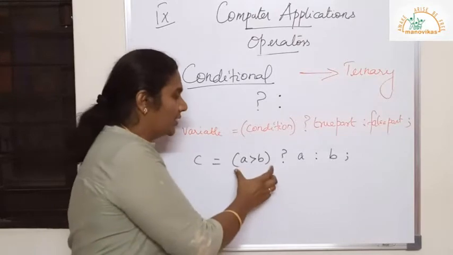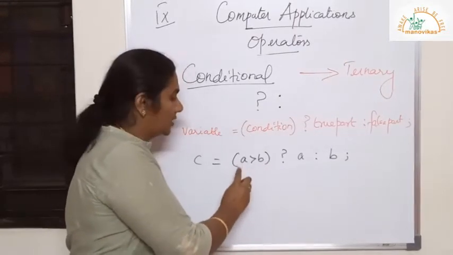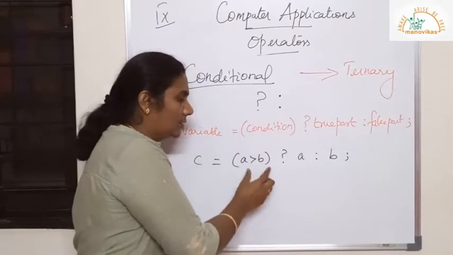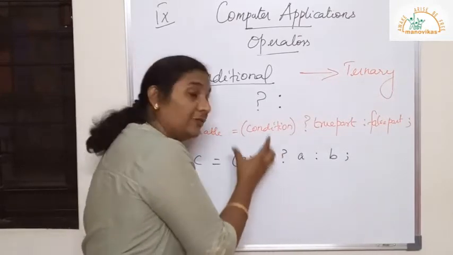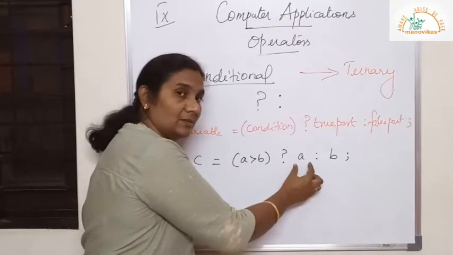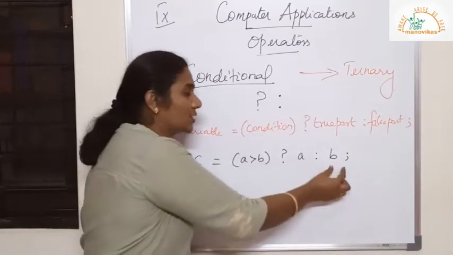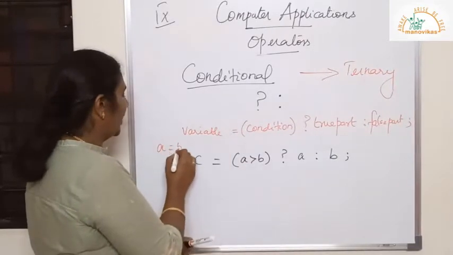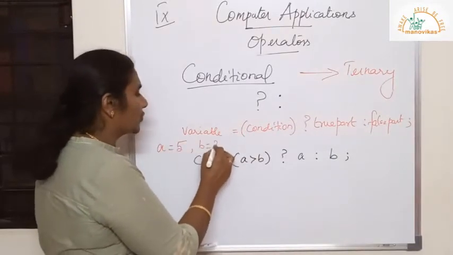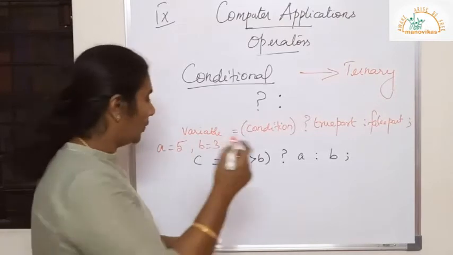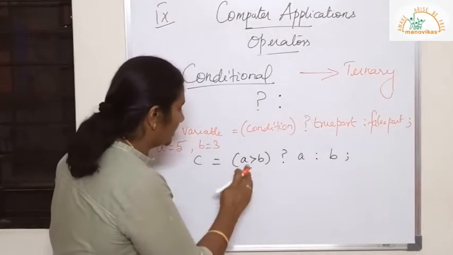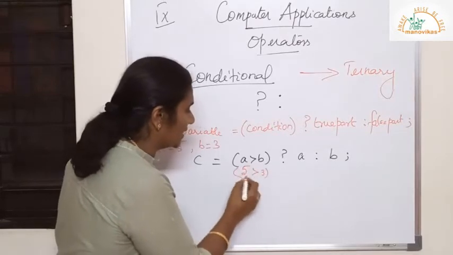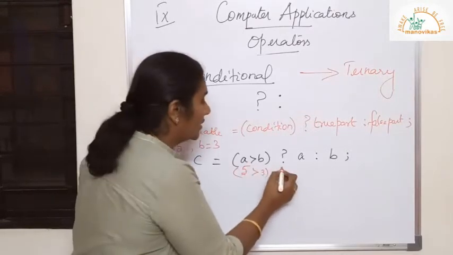Listen carefully. Now this condition will be checked. If the value of A is greater than B, then if it is true, this will be done. If this condition is false, this will be done. If A value is 5 and B value is 3, what will go here? 5 greater than 3.